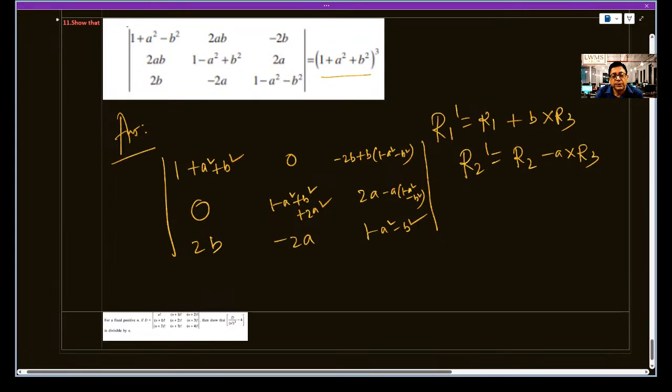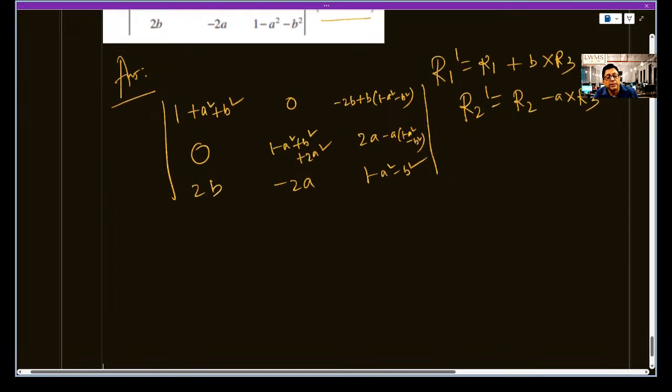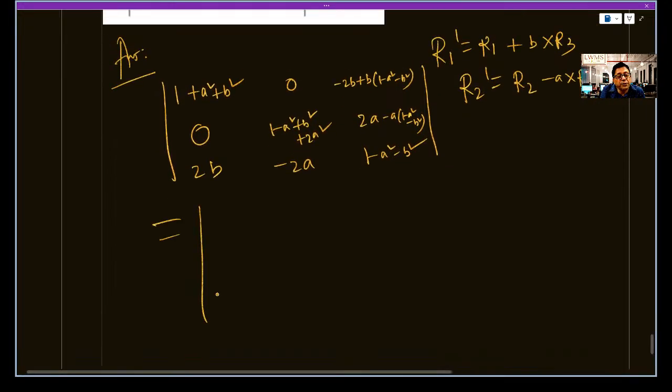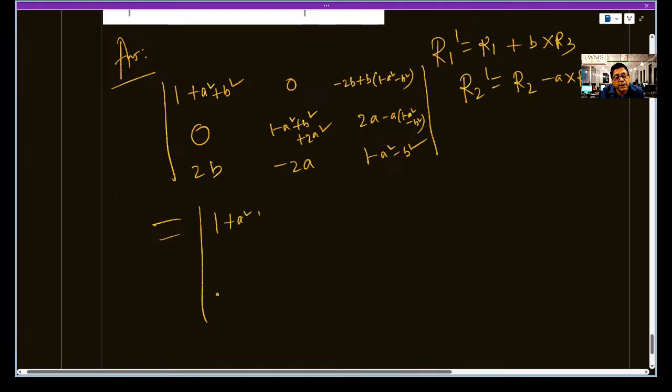Clear? See what is happening there. So this is going to be, and here what do you get? Minus 2b plus b is minus b. Take minus b common. Isn't it? So from first row this term can be taken common. Let's see what happened in the second row.